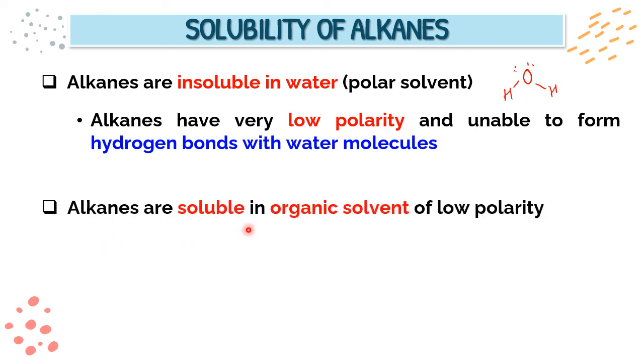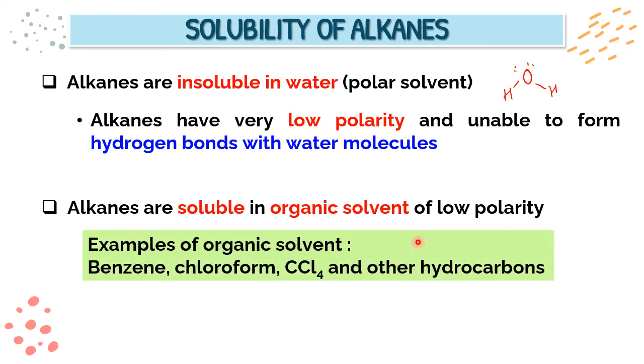So alkanes are soluble in organic solvents of low polarity. Examples of organic solvents: benzene, chloroform, CCl4 and other hydrocarbons. Why? Because, like I mentioned before, organic solvent is made up of non-polar molecules.